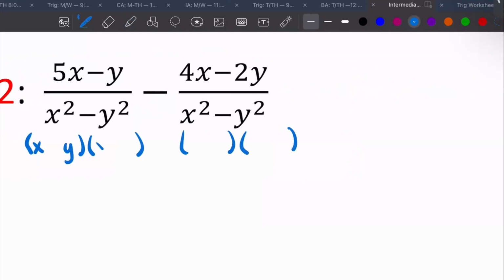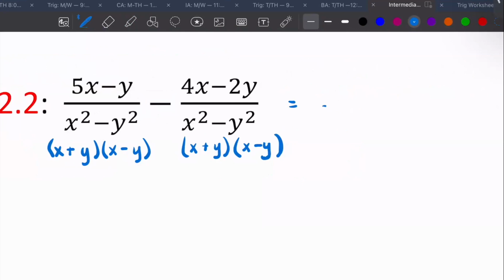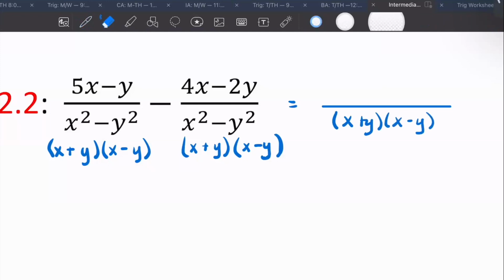Right, we can write these like this. Still the same thing. Okay, but we're going to factor them if we can. All right, so we're going to put this over (x plus y)(x minus y).